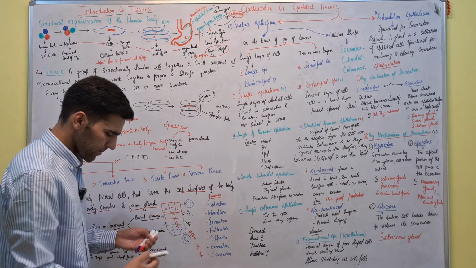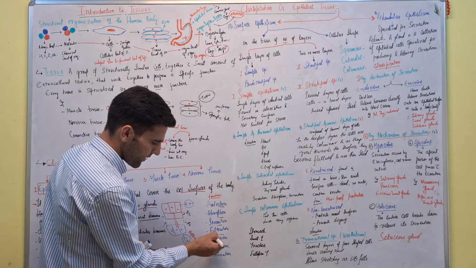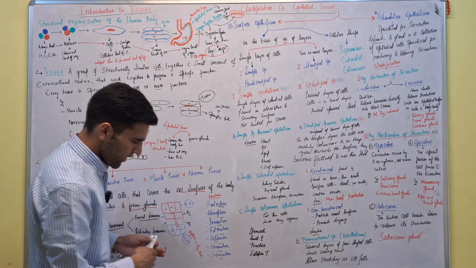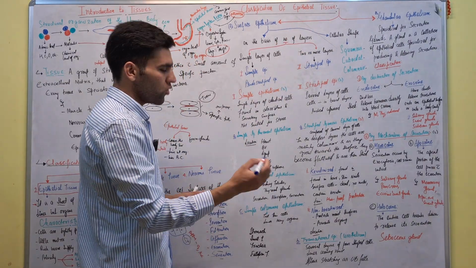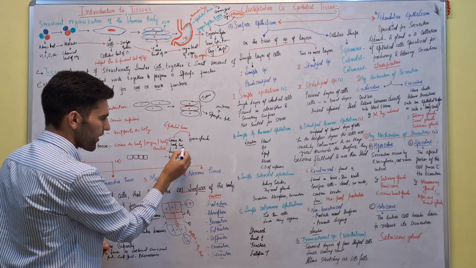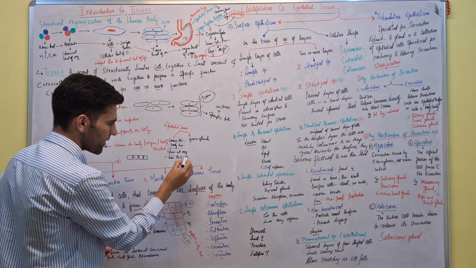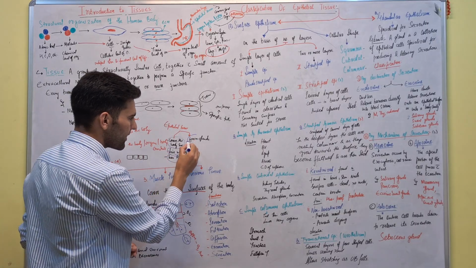Now coming to the functions of epithelial tissue. It provides protection, absorption, secretion, filtration, diffusion, excretion, and sensation. Now coming to the classification of epithelial tissue. First of all, we should go back to the definition. It covers the body surfaces, lines the internal organs and body cavities, and forms the glands.